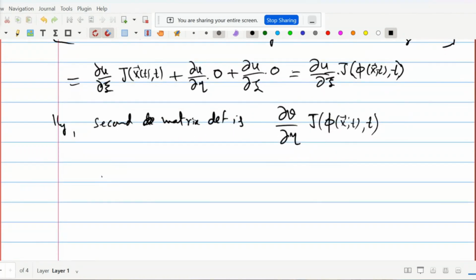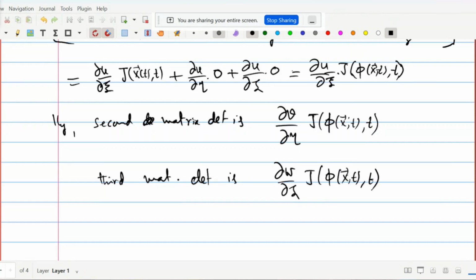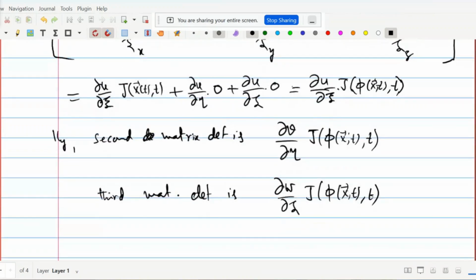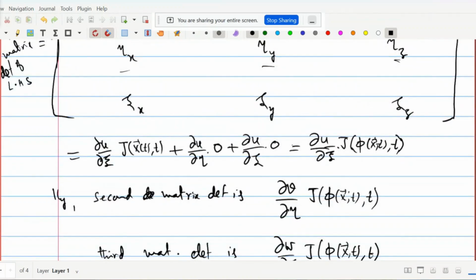And similarly, the third matrix determinant is ∂w/∂ζ into the same J, Jacobian, phi of x(t), comma t. So what are those determinants that we are talking about?